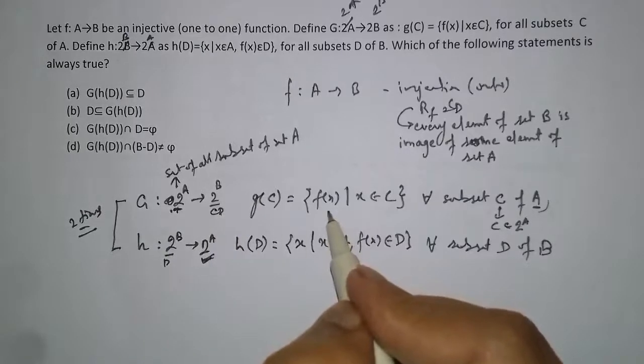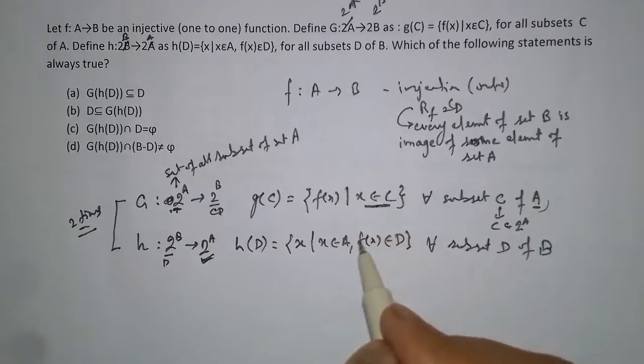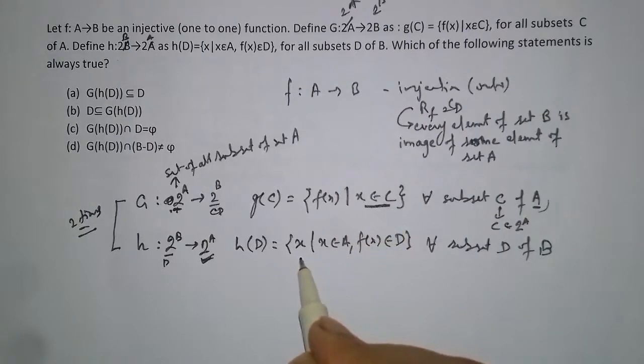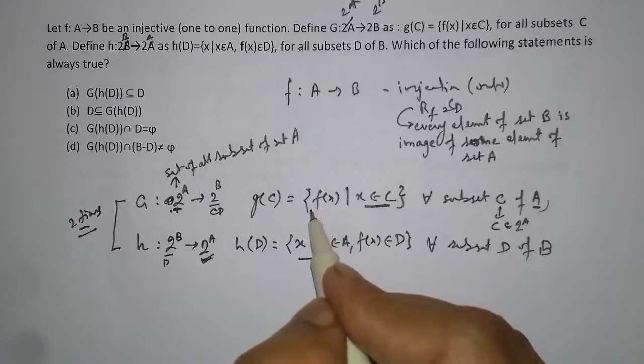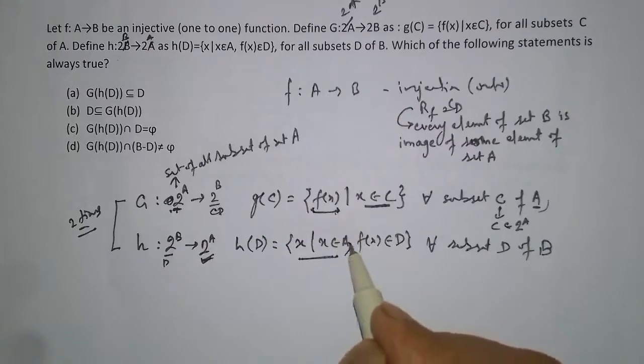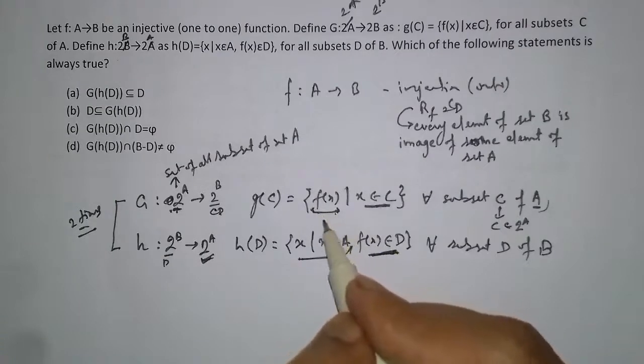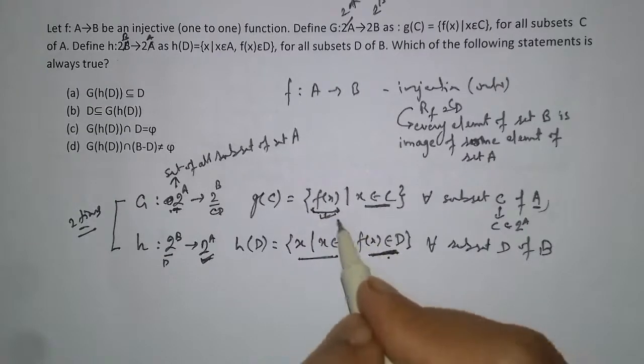See, the condition for range in this function is used as the condition for domain in this function, and the argument in this function is used as the range in this function.